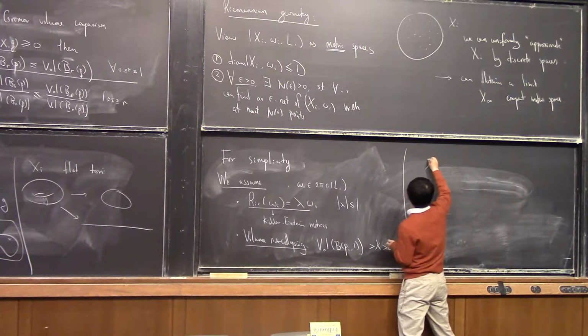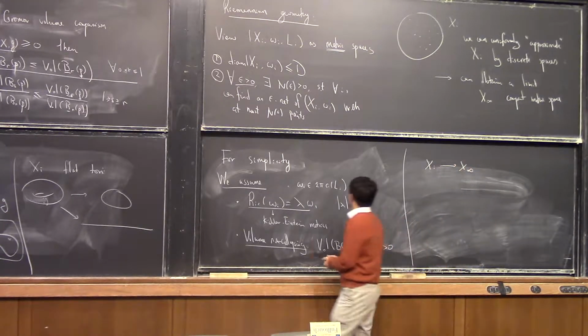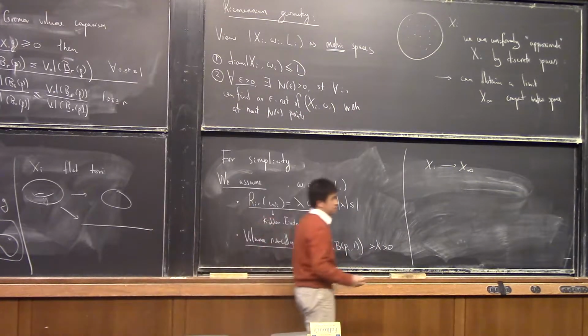So suppose now we get a Gromov-Hausdorff limit by passing to a subsequence, X infinity. Then we can define a sheaf of functions on X infinity.